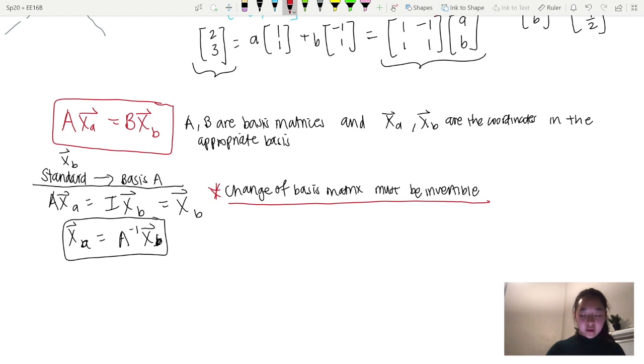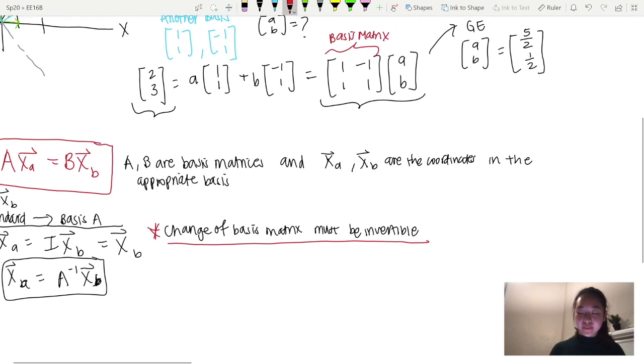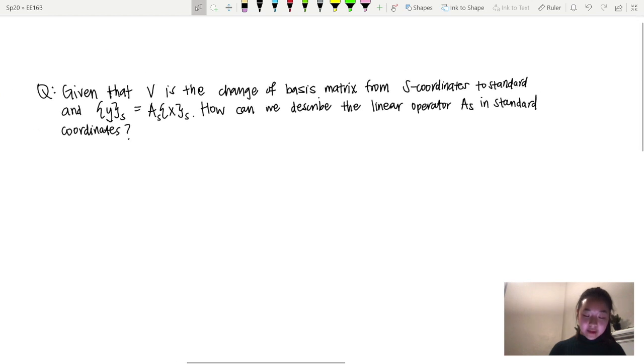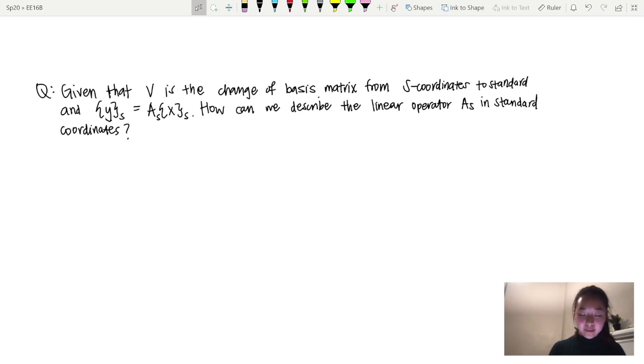Cool. So these are the basic ideas of change of basis, but let's dive into an example problem in order to examine it more. So given that V is the change of basis matrix from S coordinates to standard, and this matrix A_S manipulates X to become Y in this S basis world, we want to describe A_S in standard coordinates.